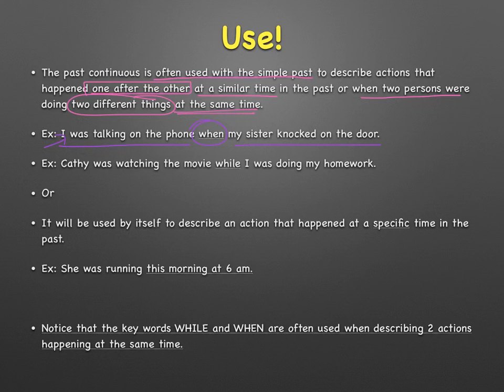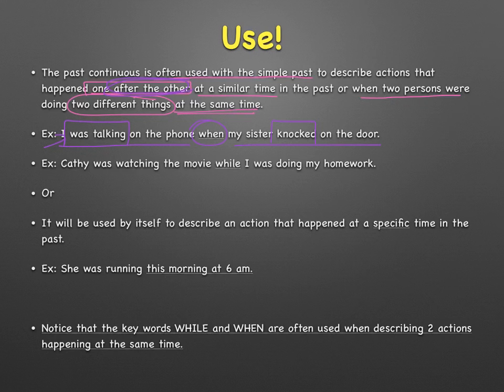I was talking on the phone, and then there's a second action, so that happened after the first one. My sister knocked at the door. So this verb will be written in the simple past, and this verb will be written in the past continuous.